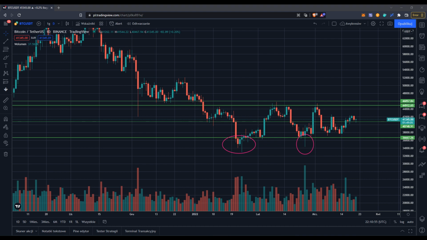And it works in very much the same way if you are trying to be a seller around the top. That's what we have here as well. So taking into consideration the very significant levels, that's the way to go. That's the way you want to work with these levels.